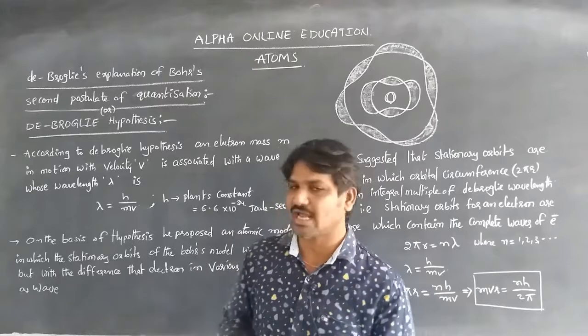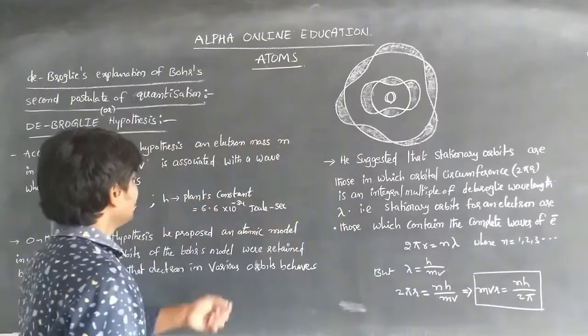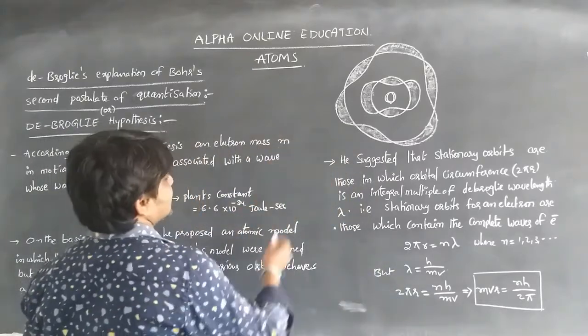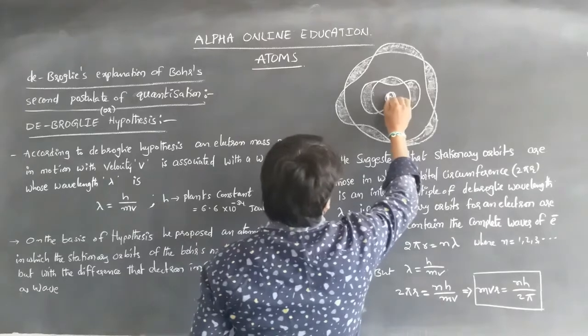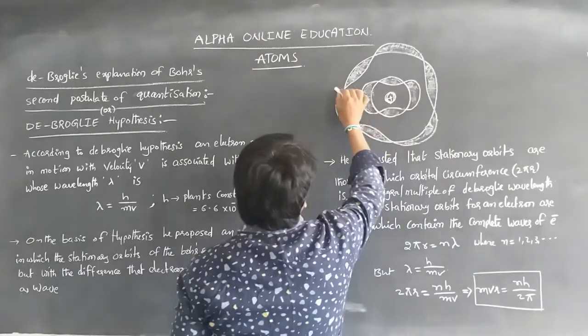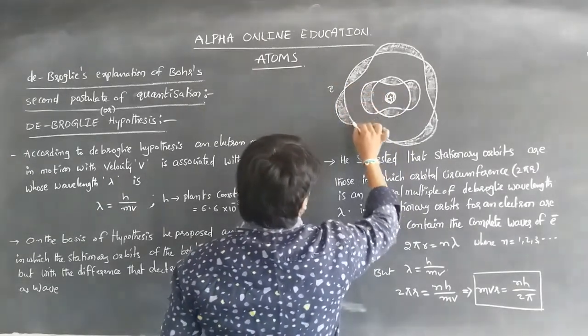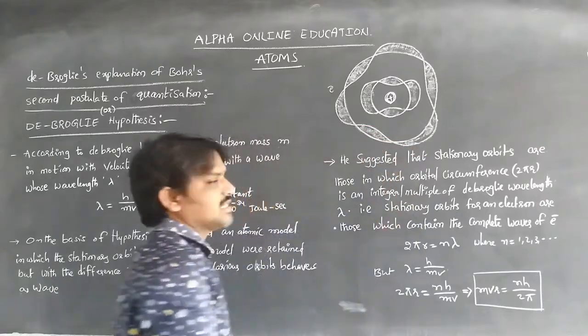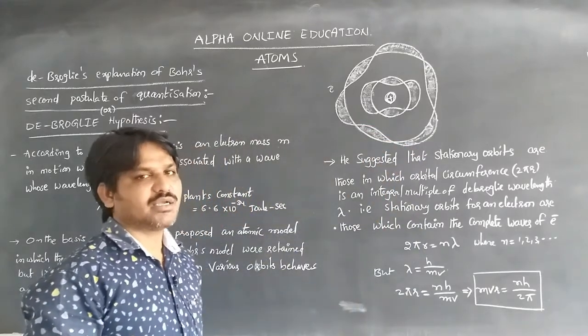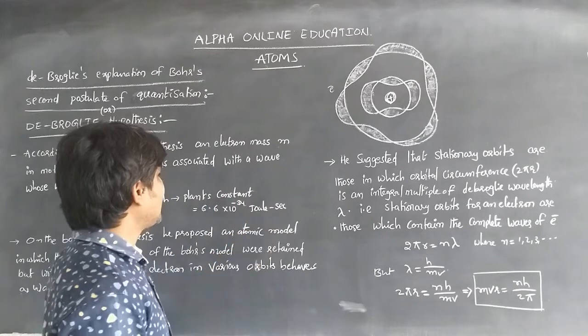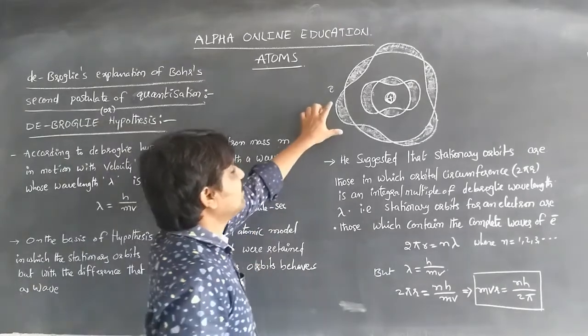According to this de Broglie hypothesis, here this is the nucleus, and an electron having mass m is revolving in an orbit and moving with velocity v, and it is associated with a wave.